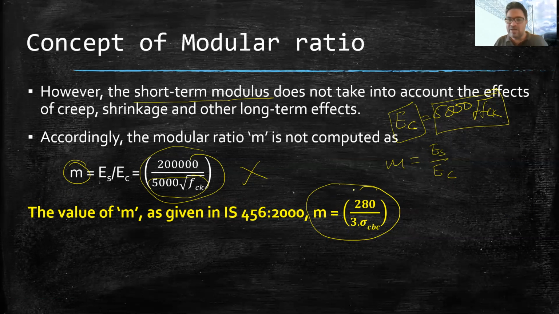So this is the value that we take to find out the modular ratio, and this formula takes care of the long-term effect of concrete also partially. It doesn't take the full long-term effect of the concrete, but it takes the long-term effect into account partially. And that is why we use this formula in our design to calculate the modular ratio.